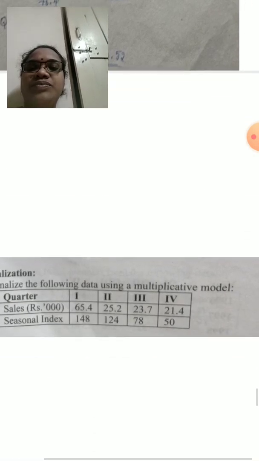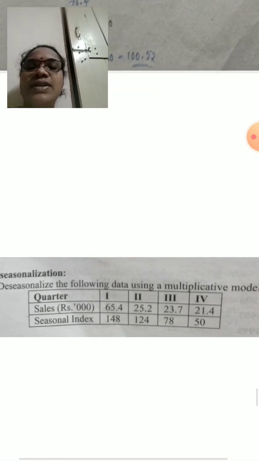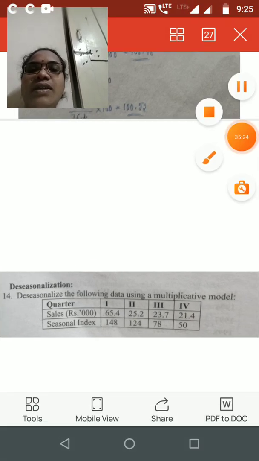Next let us discuss the deseasonalization. Deseasonalize the following data using a multiplicative model.